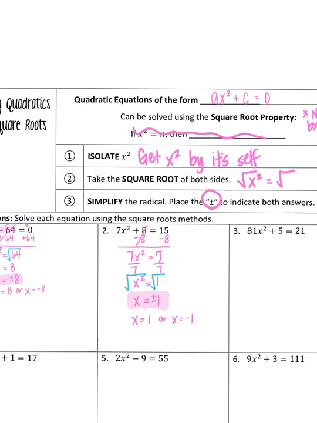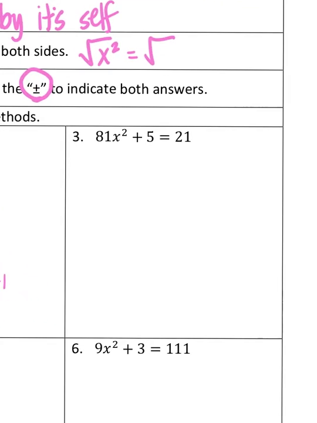Okay, I'm going to do a couple more with you and then let you try some on your own. Here we have 81x squared plus 5 equals 21. I want to get rid of my 5 first, so let's move my 5 over.